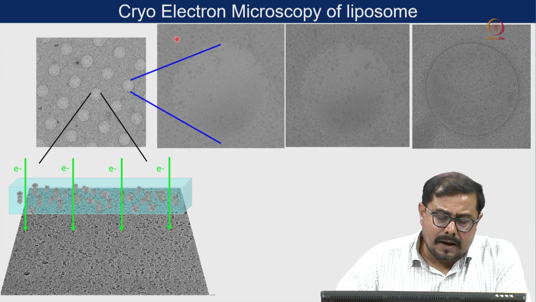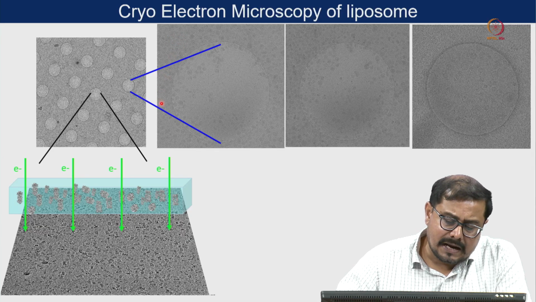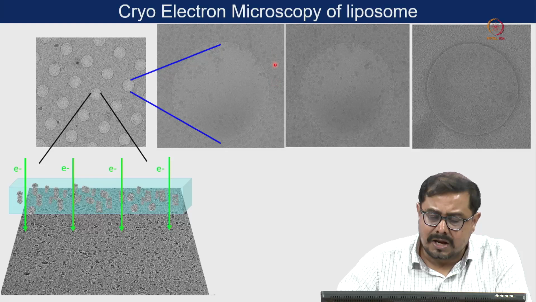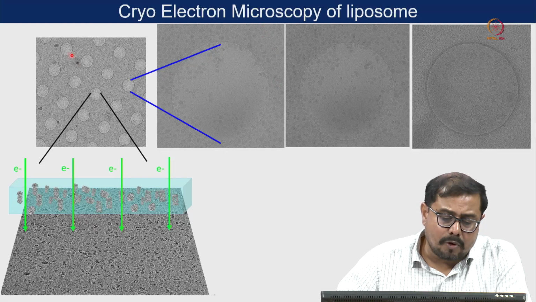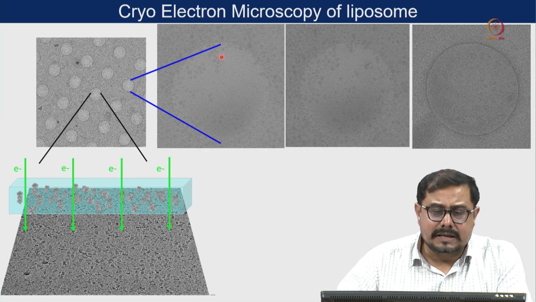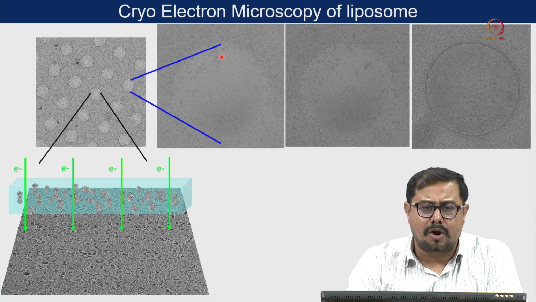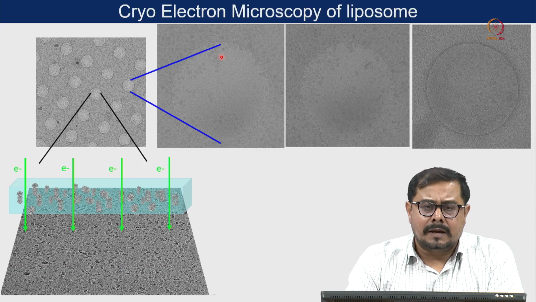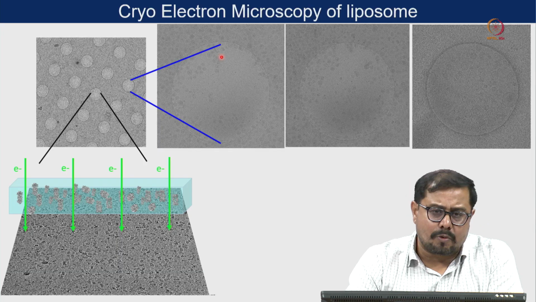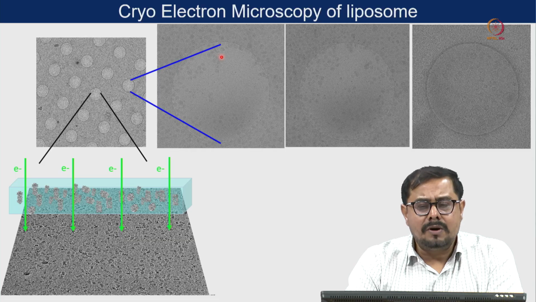But you can see one problem here: a lot of liposomes are attached on the carbon area. So the liposome is not staying inside the hole, it has moved and is located near the carbon area. As I was telling, some proteins or biological macromolecules have some affinity towards the carbon and they move towards it.